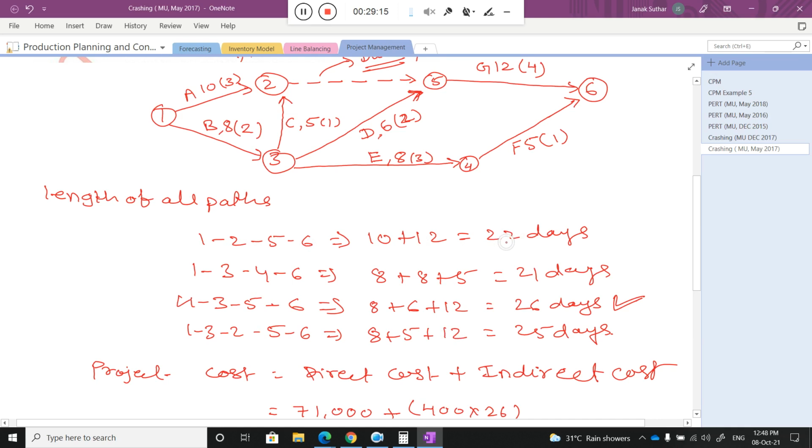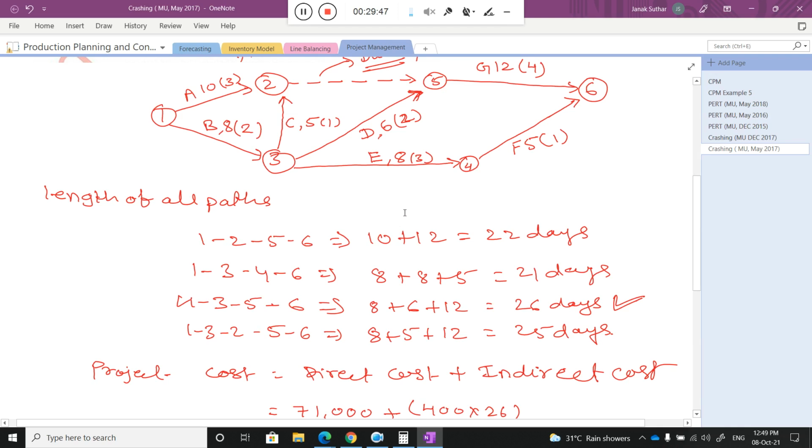So if I reduce by 4, then definitely my project will be reduced by 4 weeks. That you need to check. Don't just care that this is the minimum cost I will reduce, because if the critical path changes, you are unable to reduce the project time duration. Are you getting my point, class? So I can consider it here, because it will not change my critical path. That's why I consider 4 units of reduction in activity G.